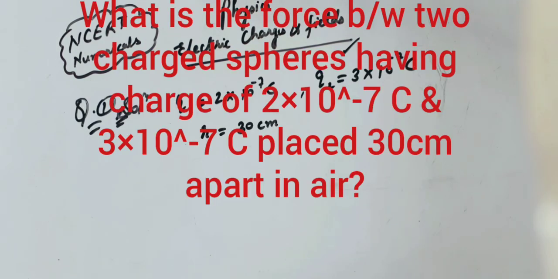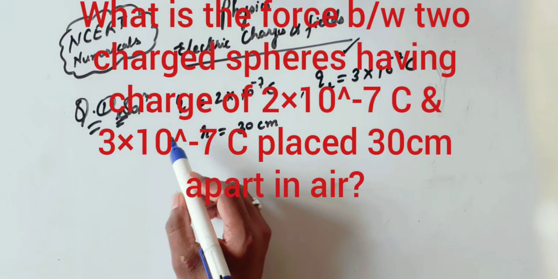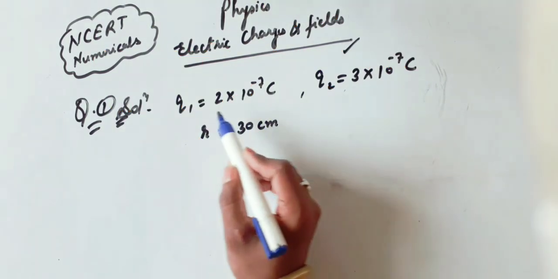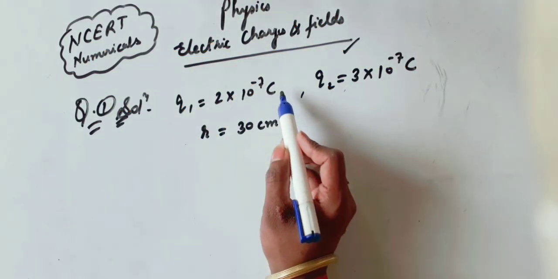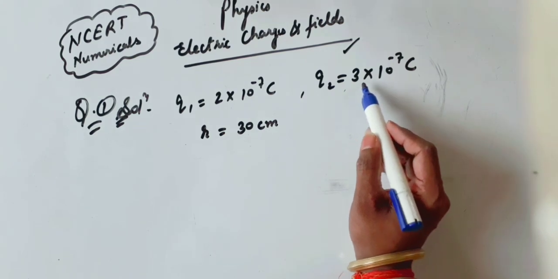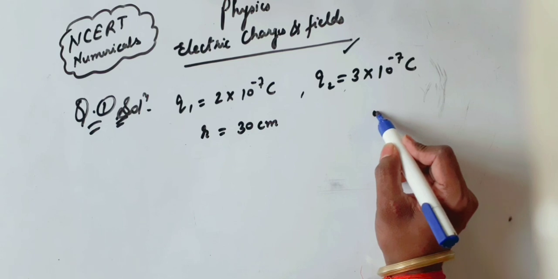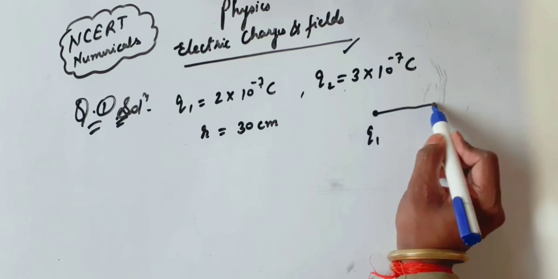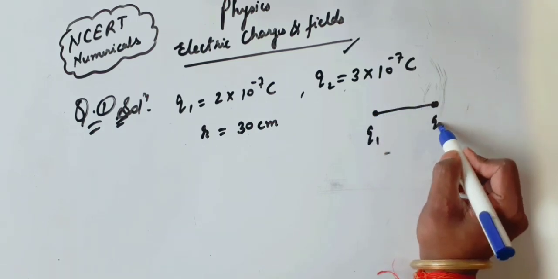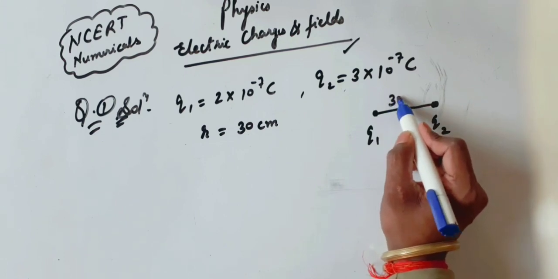So friends, in question first, the question is given here: two charges, q1 is equal to 2 into 10 to the power minus 7 coulomb, and another charge q2 which is equal to 3 into 10 to the power minus 7 coulomb. These two charges q1 and q2 are separated by a distance of 30 centimeter.